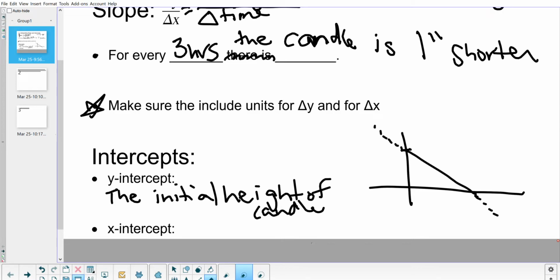Now, what does the x-intercept mean here? That means it's burnt for a couple hours. It's the amount of time it takes for the height to be 0. The height of the candle is 5 inches here, and at the x-axis, the height is 0.